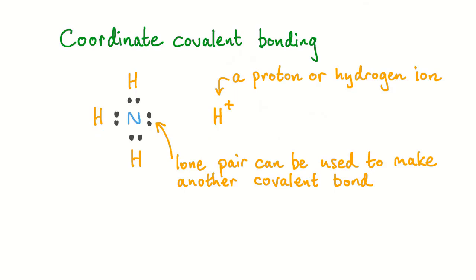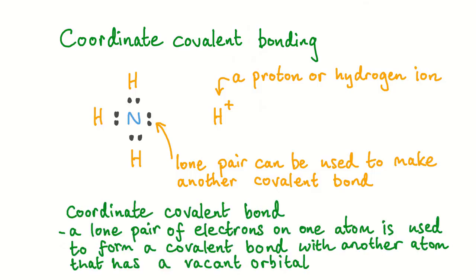An ammonia molecule can form an ammonium ion by using the lone pair of electrons that are located on the central nitrogen atom to form a coordinate covalent bond. When a coordinate covalent bond is formed, this lone pair of electrons on one atom is used to form a covalent bond with another atom that does not have any electrons available to share.